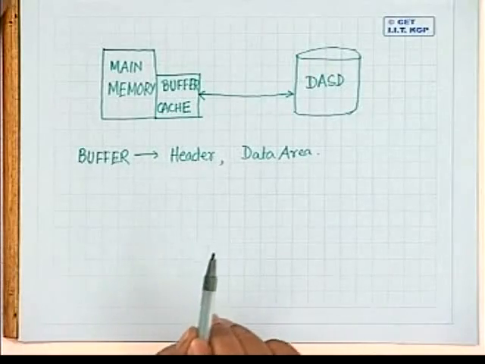You can simply transfer the data from the buffer cache to the user area. And that takes obviously less time because the buffer cache is also maintained in the main memory. But in case the data is not available in the buffer cache, then you have no other way than to go to the secondary storage, access that particular block, and read it into one of these buffers, provided the buffer is free.